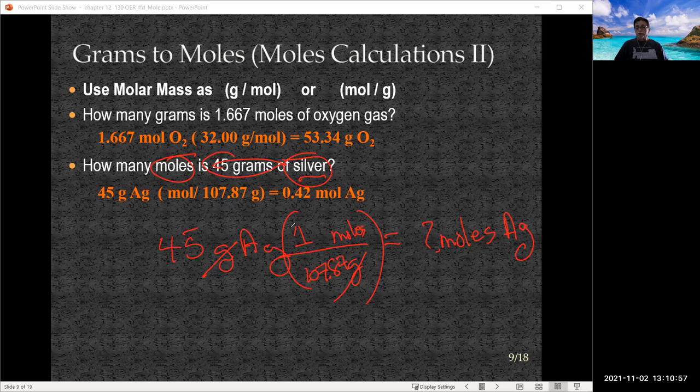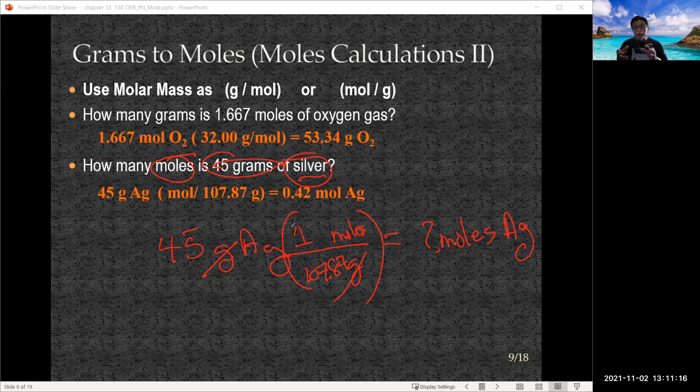That gives me 0.42 moles. Now, remember that I stated when we start doing calculations with respect to reactions, we can't go from grams to grams. We have to take the grams of one reactant, convert it to moles, and then relate that mole to the other reactant.